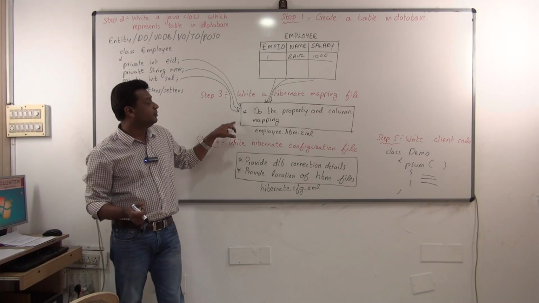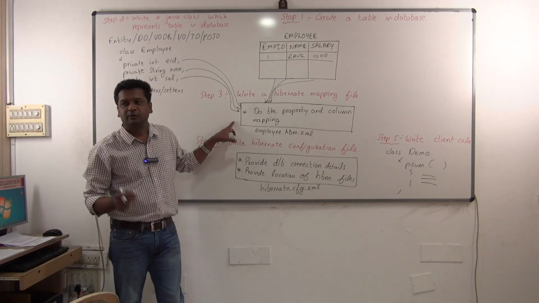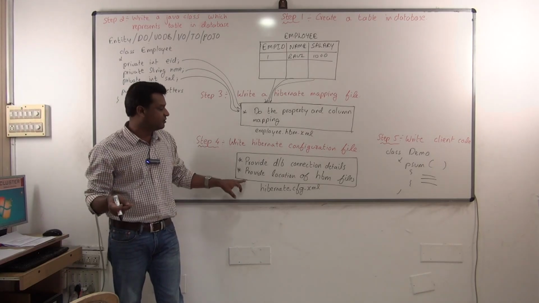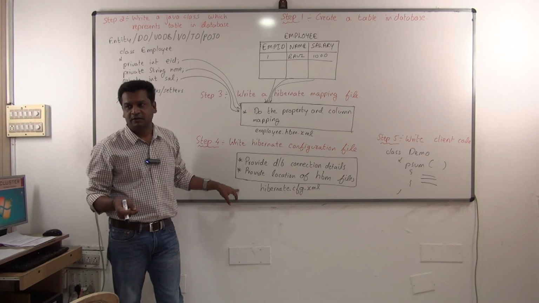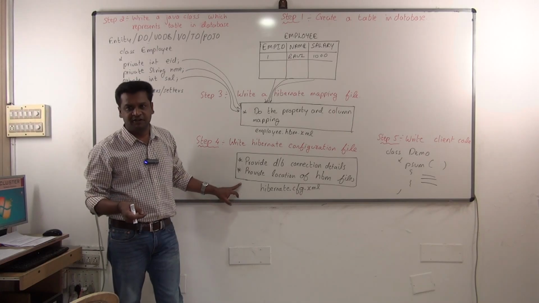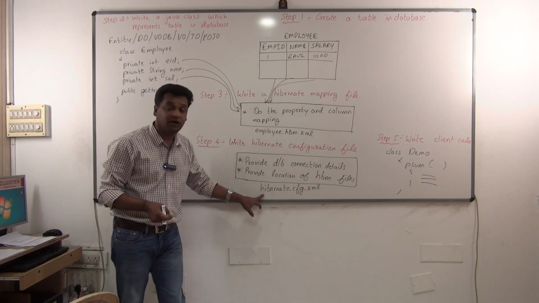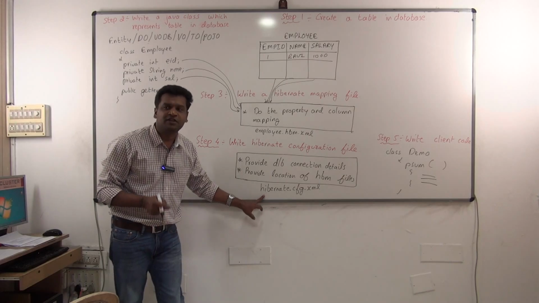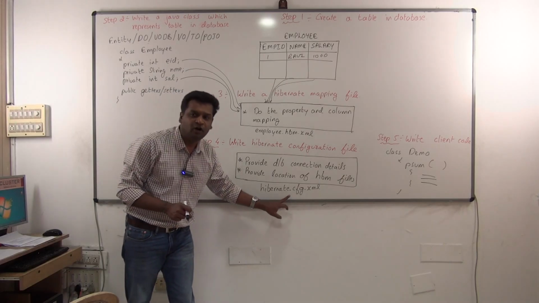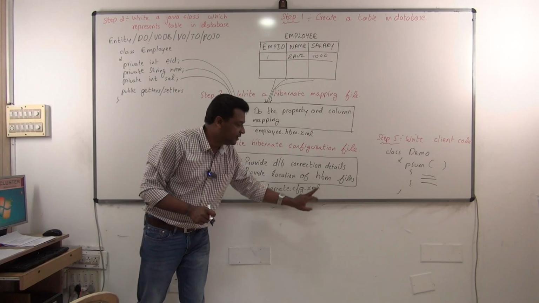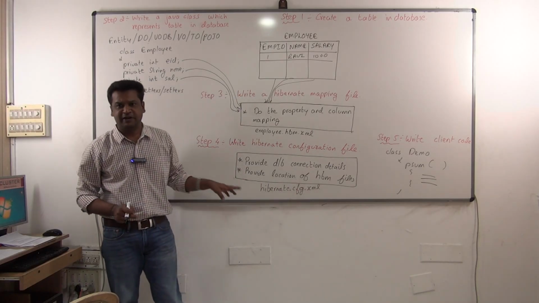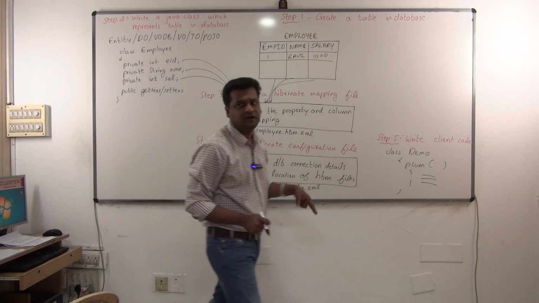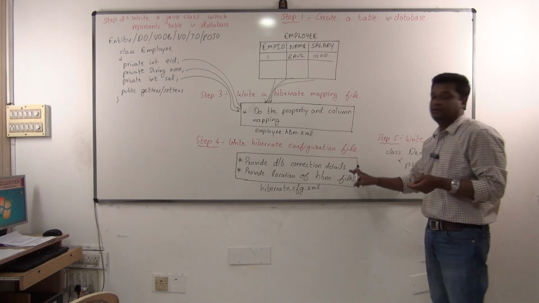And also, you will be storing the HBM file somewhere, so the location of that HBM file you'll be specifying in the configuration file. And this file will be saved as Hibernate.cfg.xml. This is mandatory. So that's the fourth step.